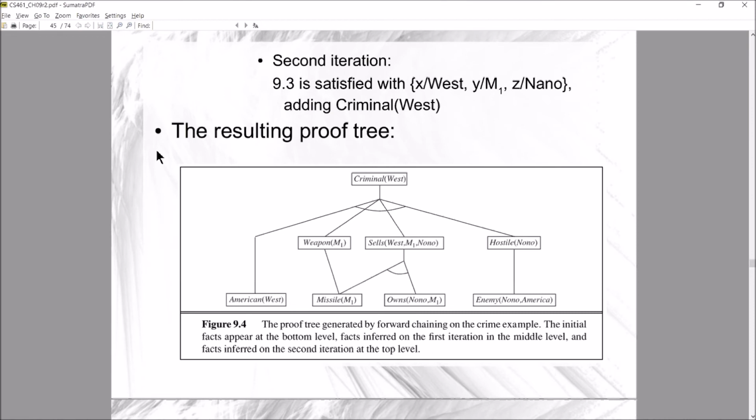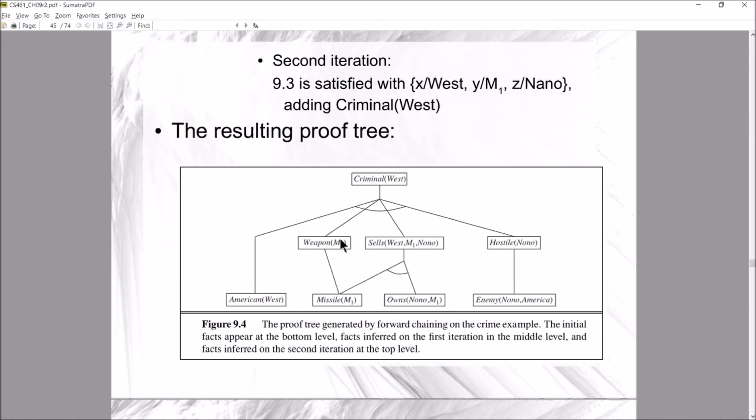But anyway, here's the resulting proof tree, right? So these are all of our facts that already existed. The bottom level is the official facts.